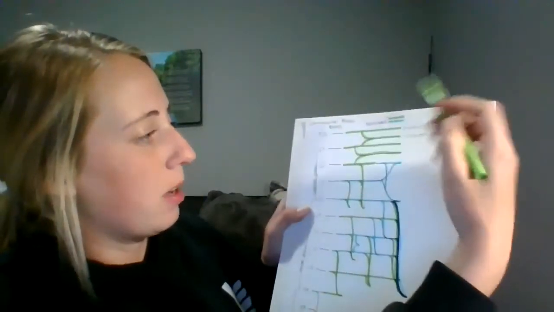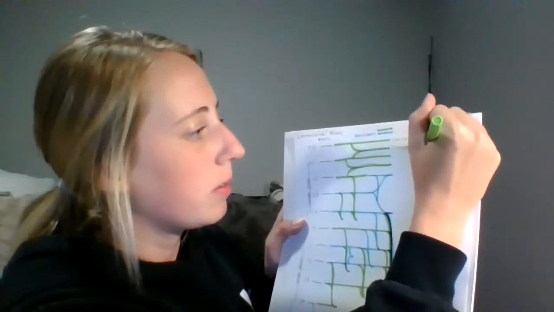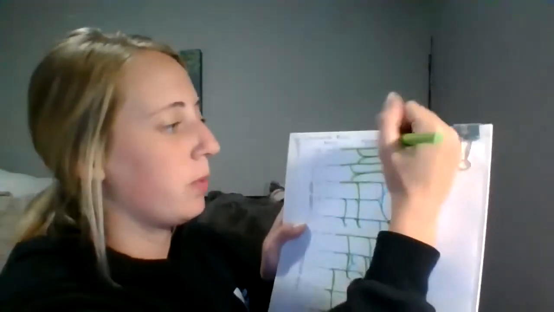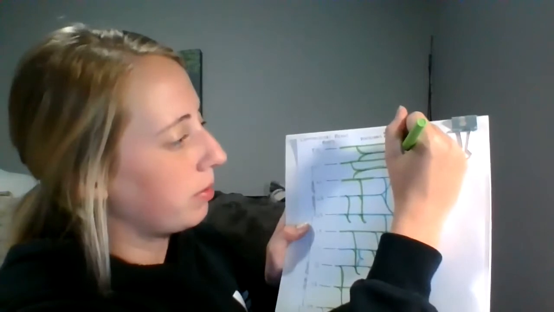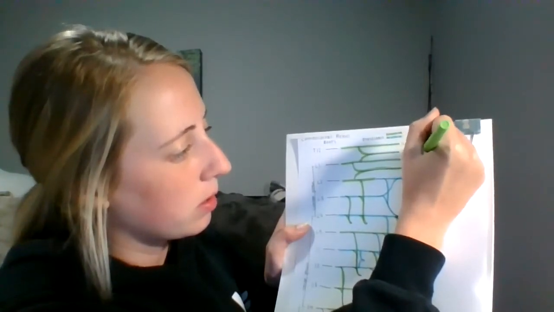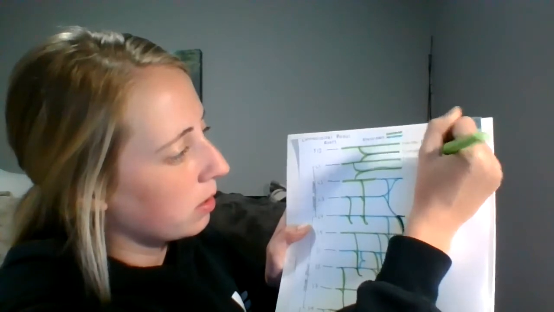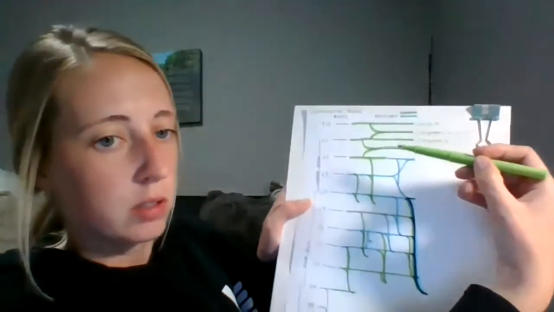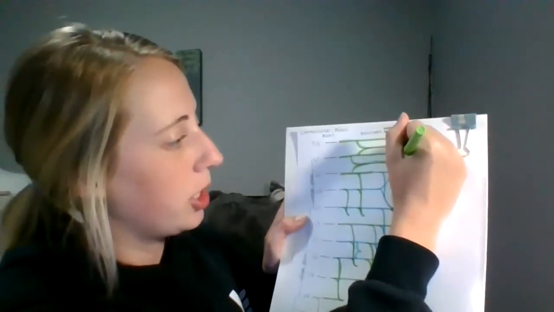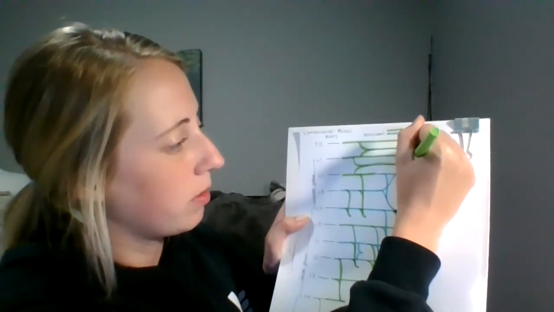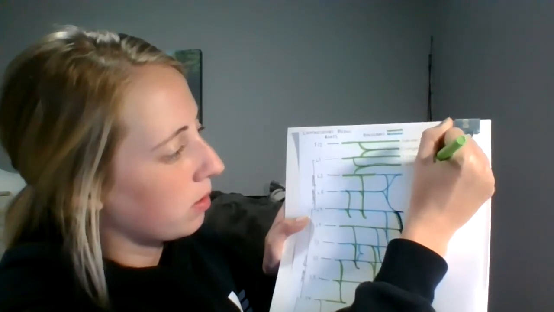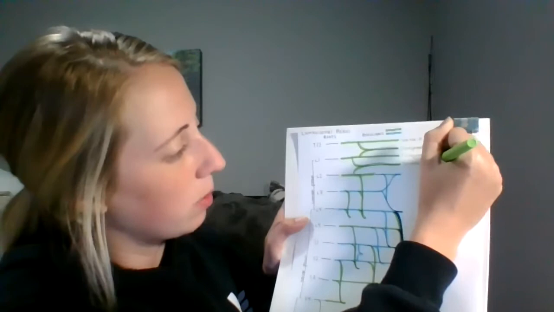Off of L1, we have the ilioinguinal nerve. From L1 and L2, we have the genitofemoral nerve.